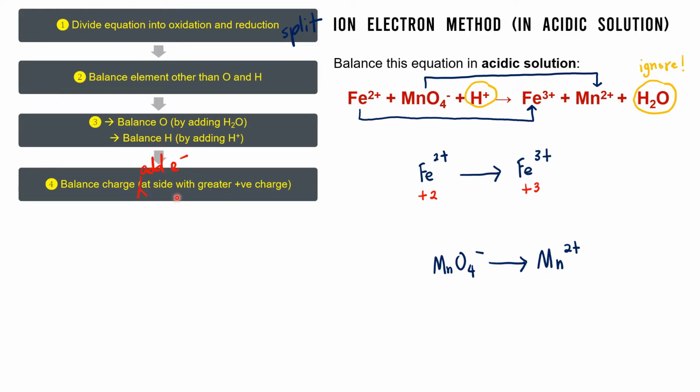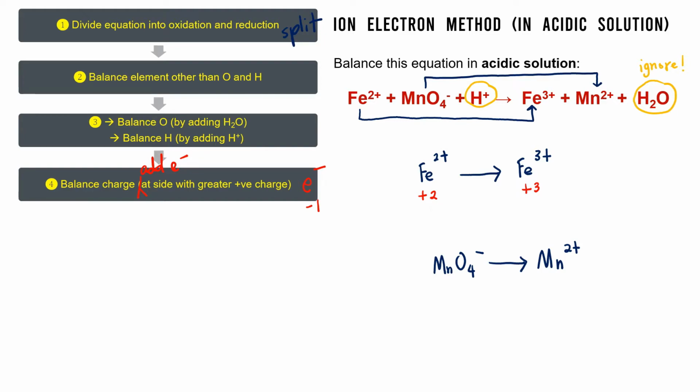Kenapa kena tambah electron pada site of a greater positive charge? Sebab electron itself e-. Berapa charge dia? -1. So di sini kita ada +2 and +3. +3 adalah lebih positif than +2, so we have to add electron di sebelah kanan. Nak tambah berapa banyak? Tambah sehingga jumlah charge di sebelah yang banyak ini akan bersamaan dengan di sebelah yang kurang.